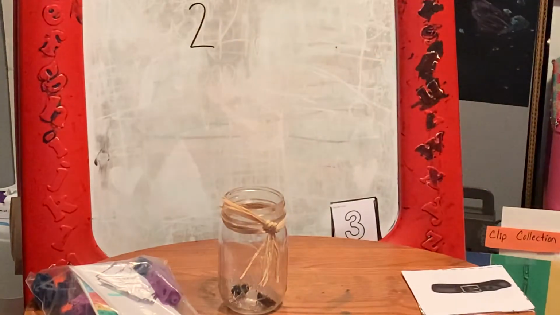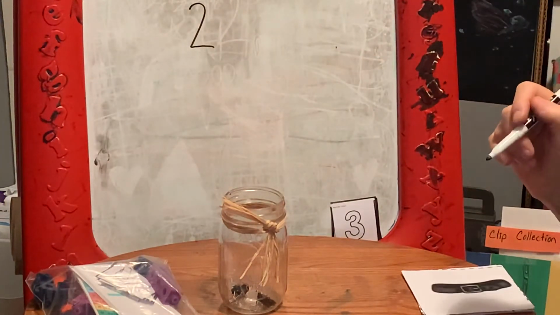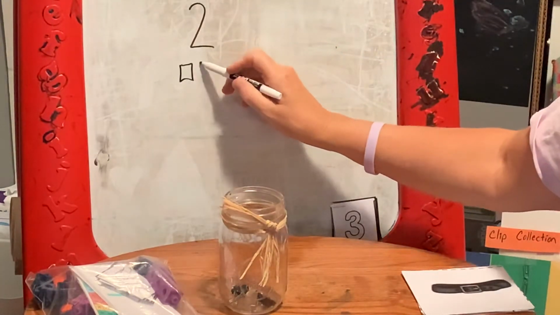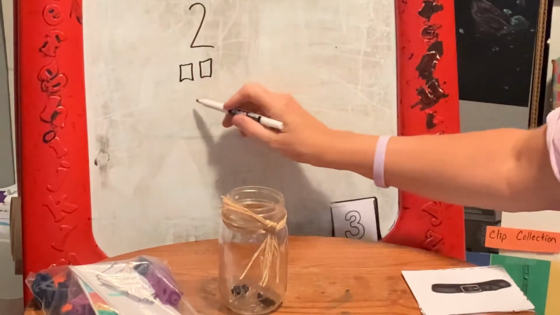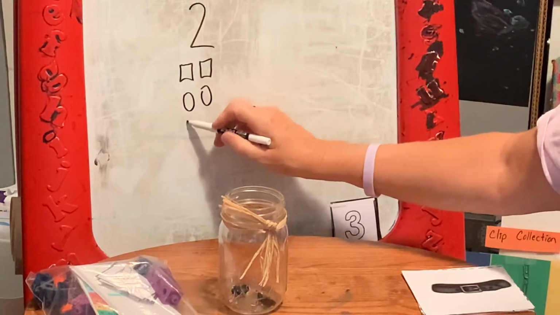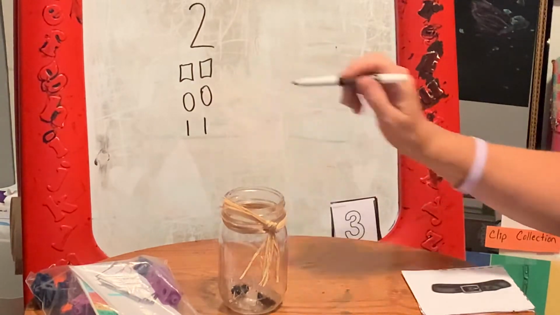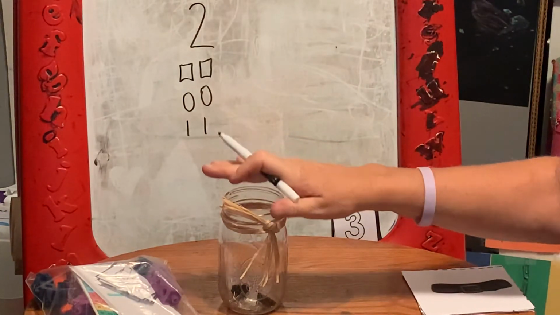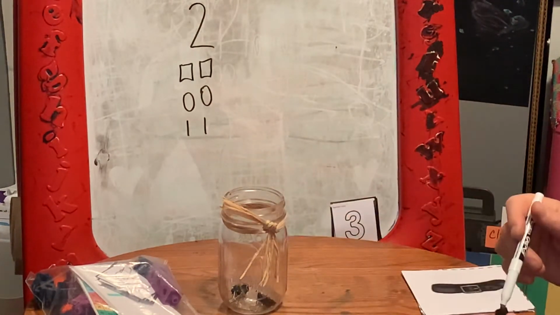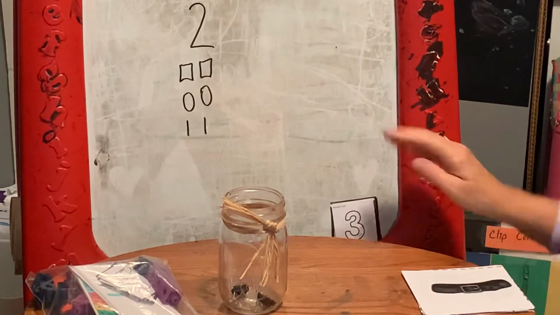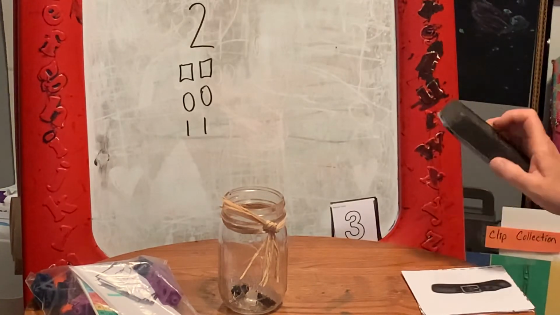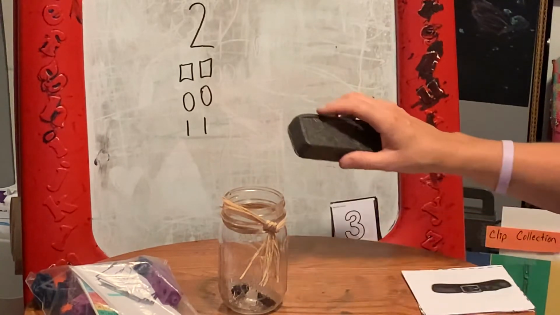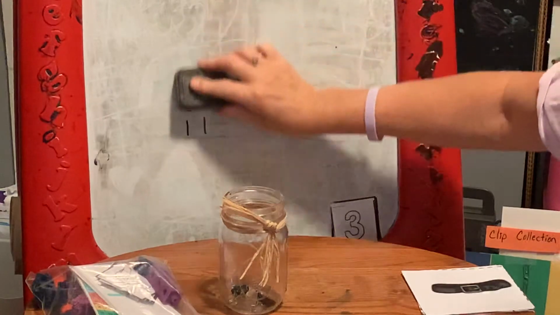That's one way you can record it. Another way you can record it is by drawing something. You can draw squares or circles or just lines. But we're always making sure that we're only drawing the number that matches the items in our counting jar. Okay, boys and girls, don't draw any more than that, or don't draw less. Make sure it's always the same number as what's in our counting jar. All right, that is our counting jar.